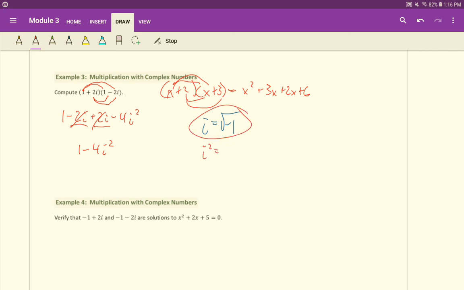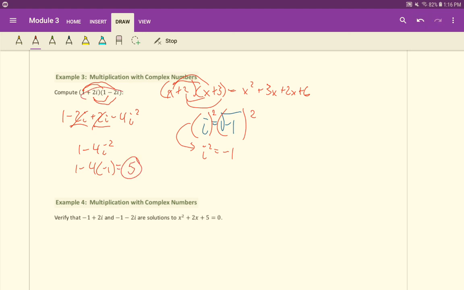Well, we have an equation right here. If I square this side and I square this side, this will result in exactly i squared. What happens when you square a square root? They cancel, and we're left with negative 1. So i squared is negative 1. So we'll make this 1 minus 4 times negative 1. Negative 1 times negative 4 is positive 4, and so we end up with 5 as our final answer.